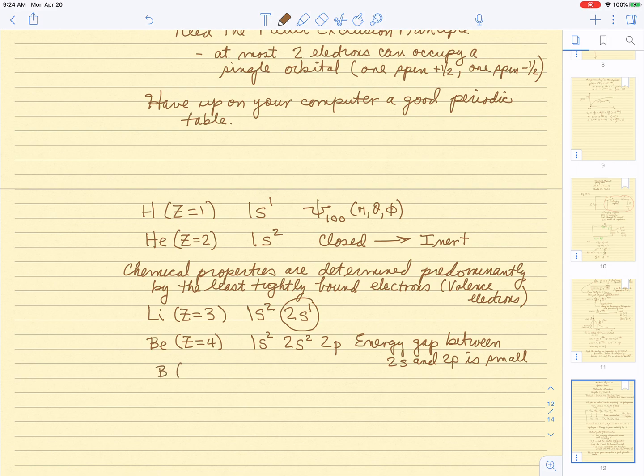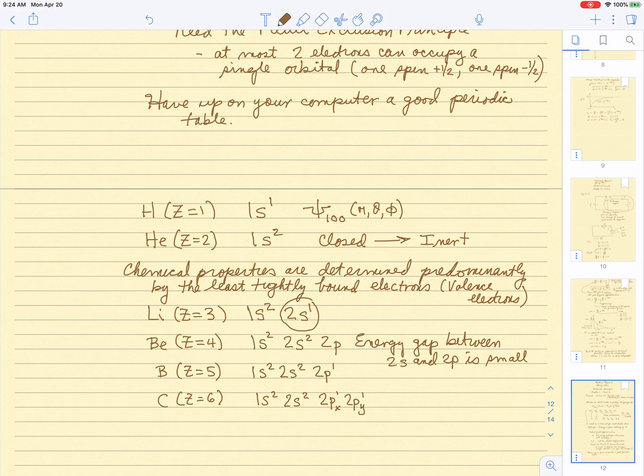We go to boron, which is Z equals 5. That would be 1s2, 2s2, and 2p1. We go to carbon, Z equals 6: 1s2, 2s2, and now we have a 2px1 and a 2py1.